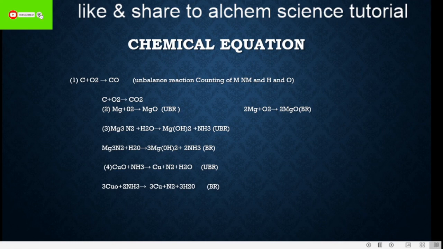By using these tricks you can balance any chemical reaction.